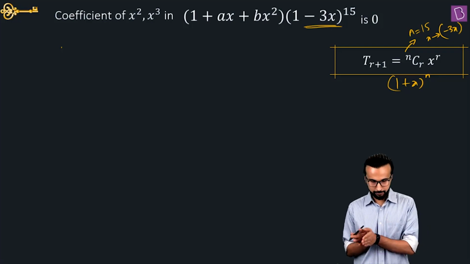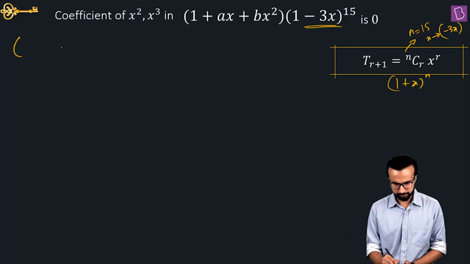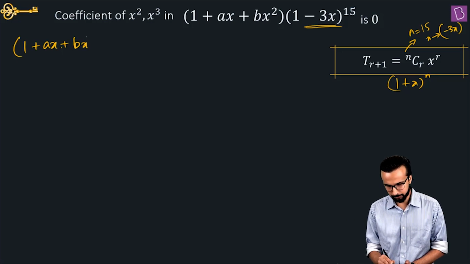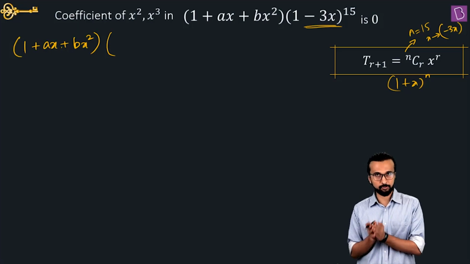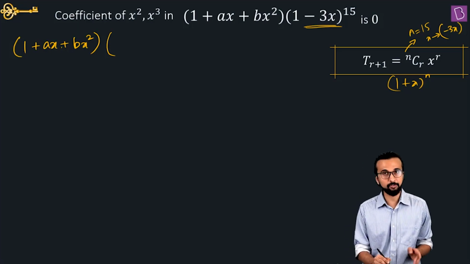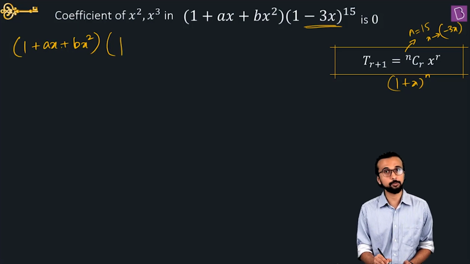Now, let's write the first few terms for ease of calculation. 1 plus ax plus bx square is there. The second part is (1 minus 3x) power 15. Let's expand that. The first term will be 15C0, which is 1.